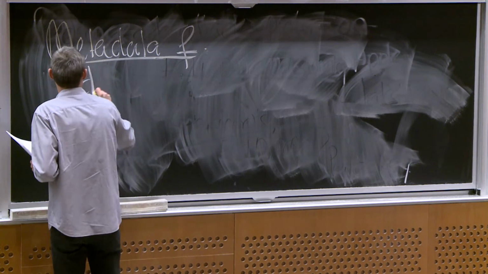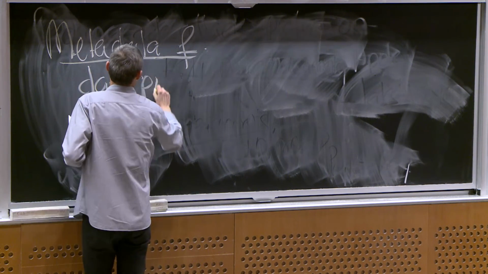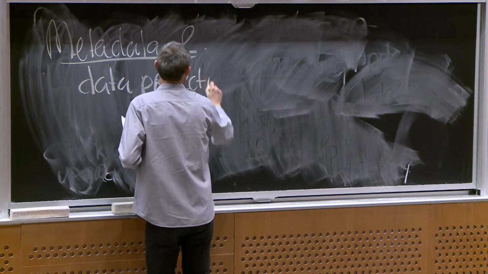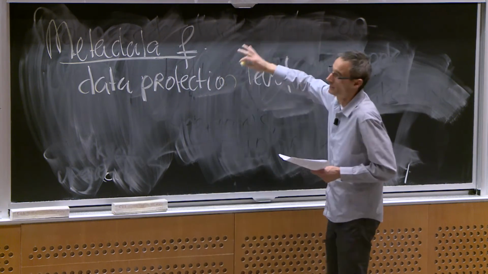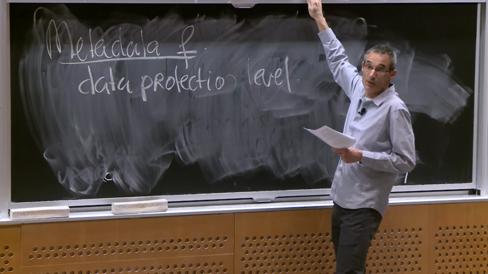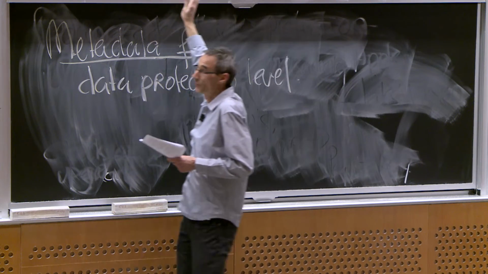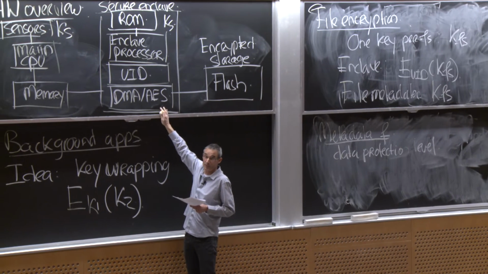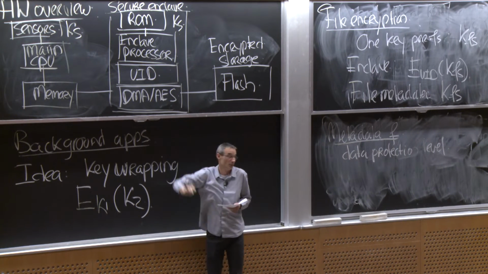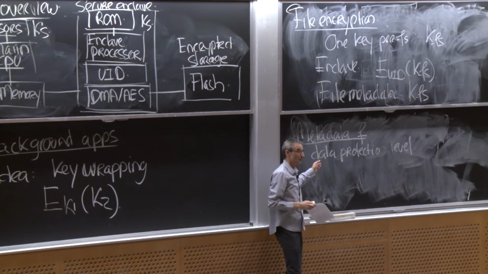One, there's something called the data protection level. The operating system doesn't have the key KFS, but can ask the enclave processor to please set it up so it can read the metadata. It reads the metadata and inside it finds the protection level.